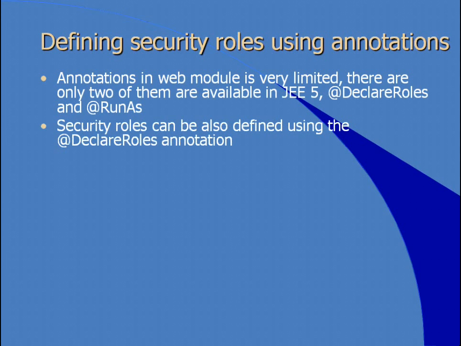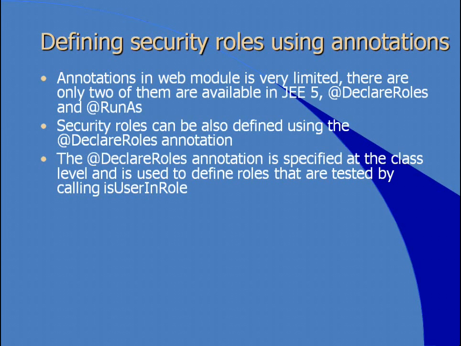You can define application-wide security roles by using the annotation called @DeclareRoles. It is specified only at the class level, and it's used to define roles that can be tested when you're doing an isUserInRole evaluation.